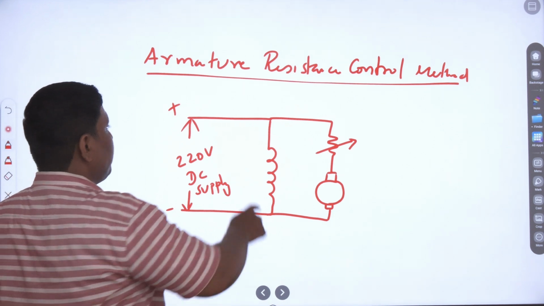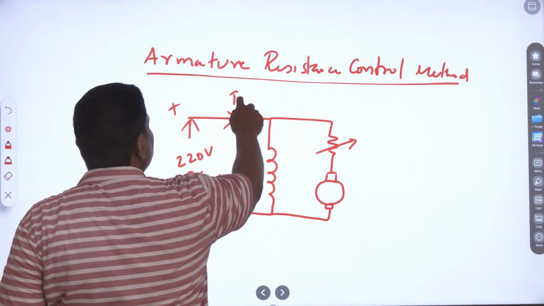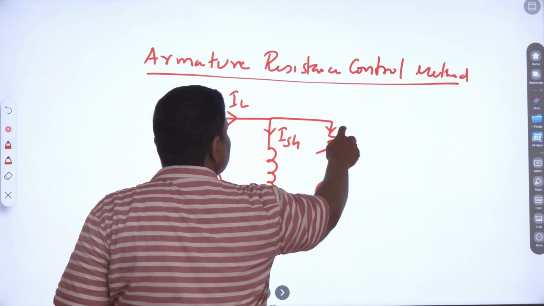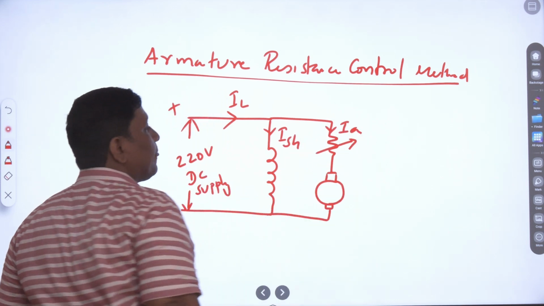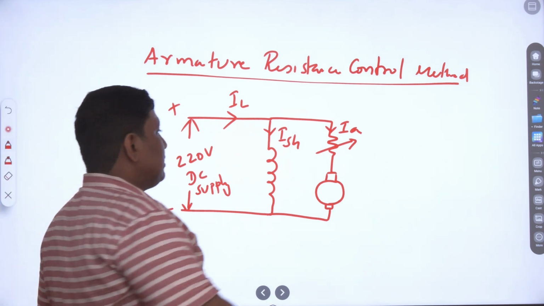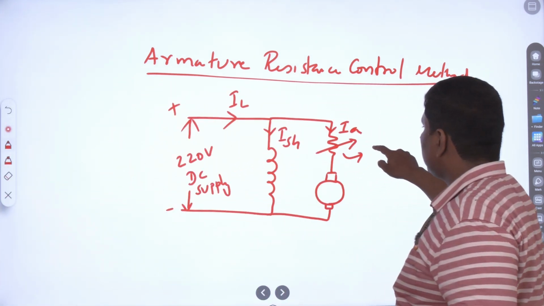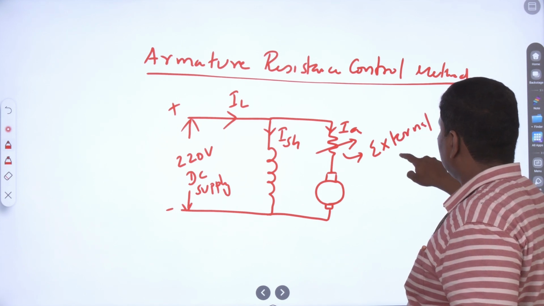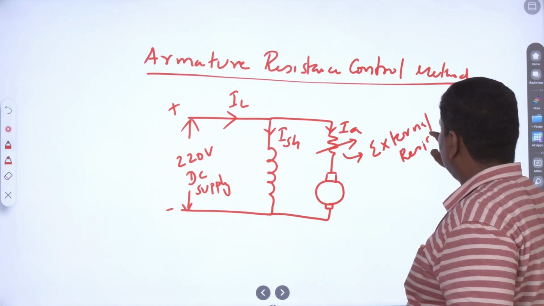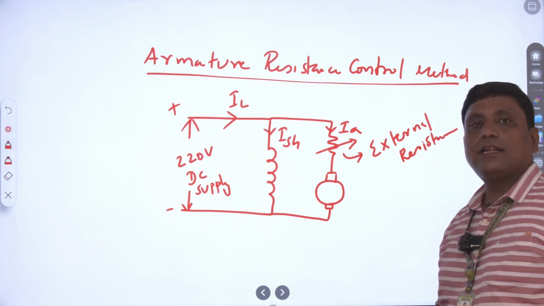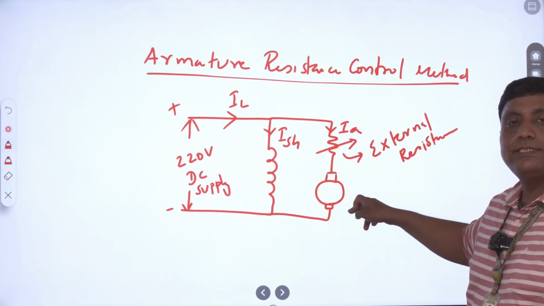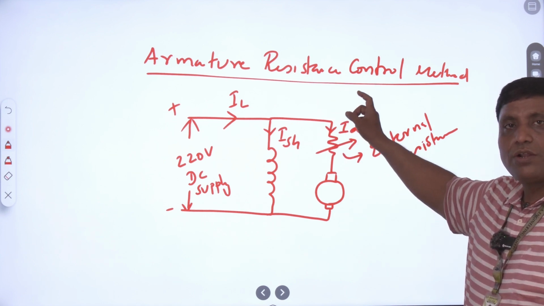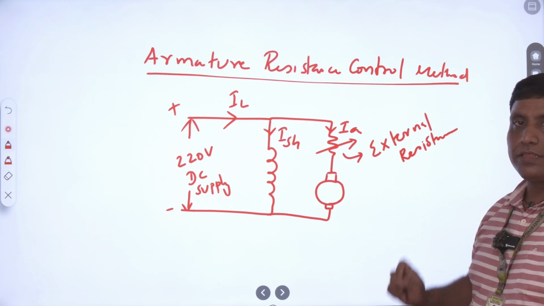In this connection, this is the line current, this is ISH, this is IA. Now this is the external resistance. So the external resistance is connected in series with the armature. That is why it is called the armature resistance control method.